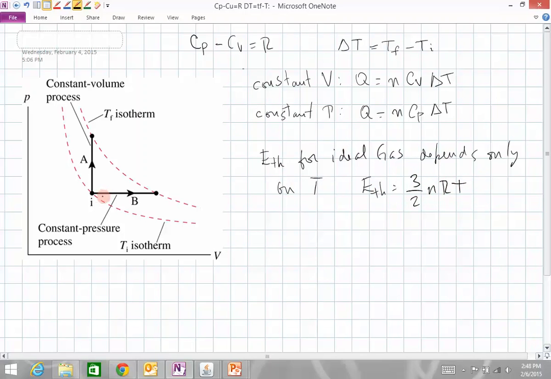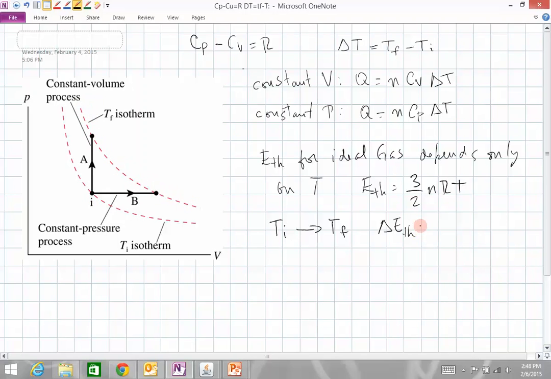So that means that if I go from an initial temperature Ti to Tf, then delta E thermal is the same no matter which process I use to go from I to F. In these two processes, I went from this initial temperature to this final temperature, which is the same for both processes, because this is an isotherm.